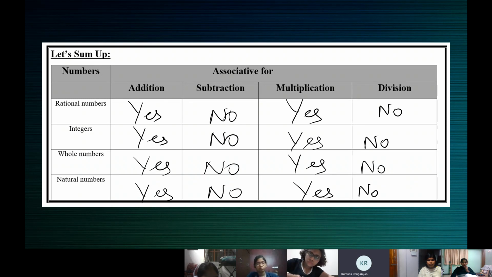For addition and multiplication, it's always yes.